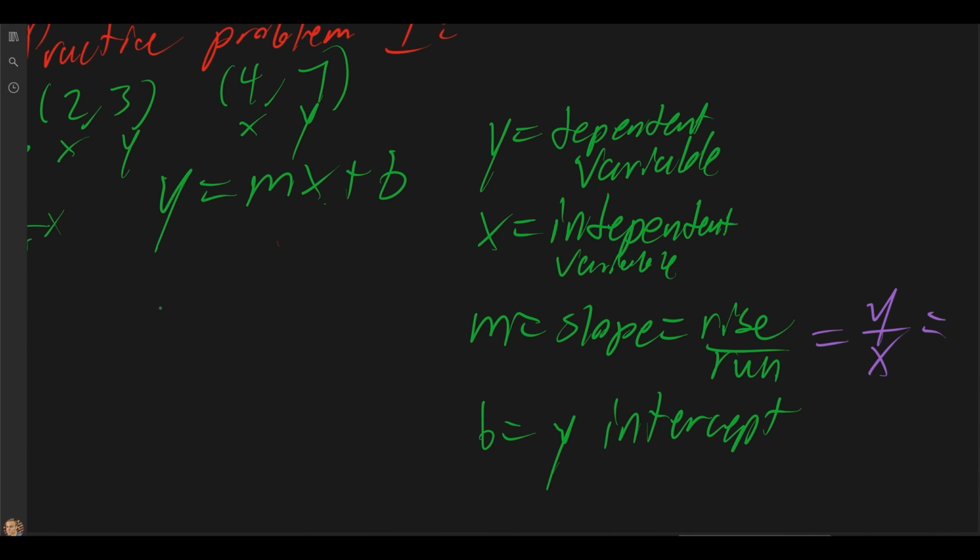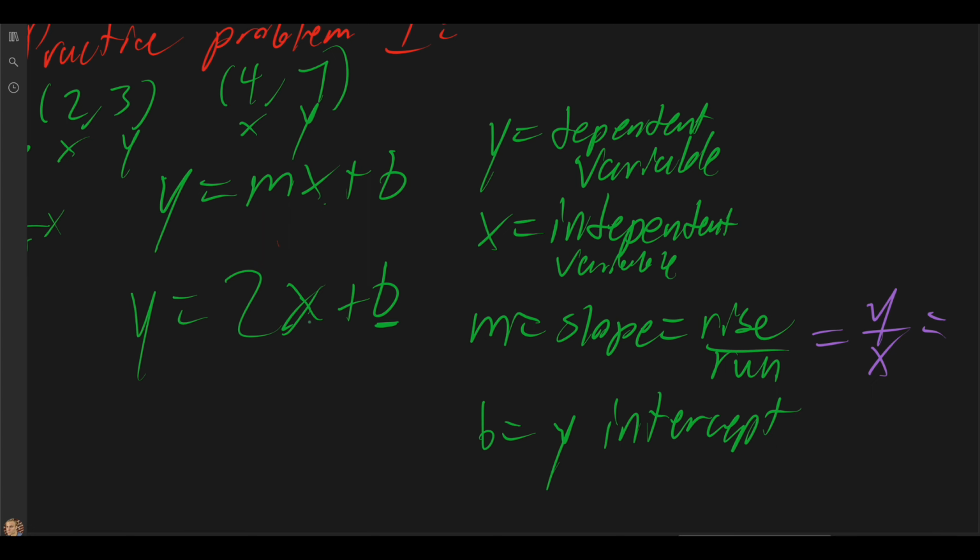So when we write out our equation, we have y equals 2x plus b. However, we have to figure out exactly what b is. Well, an idea is that we can substitute an x and a y.